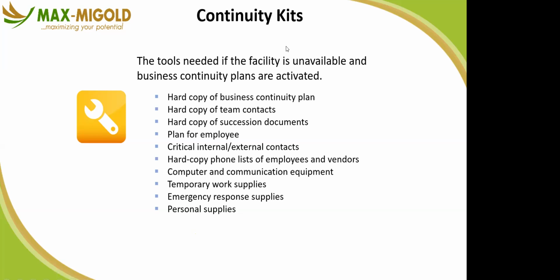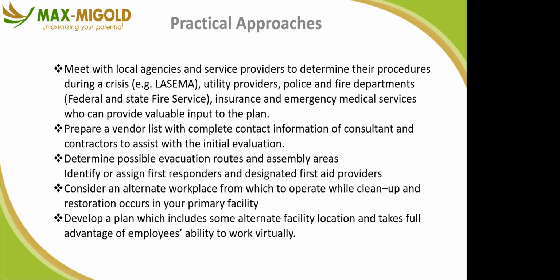Then for some people, we need to have some practical approaches. So with the LASEMA, we're saying have a list. So this is the practical approach. Meet with these agencies, prepare a vendor list, people that can actually supply you. So if there's water shortage, who can actually supply water?